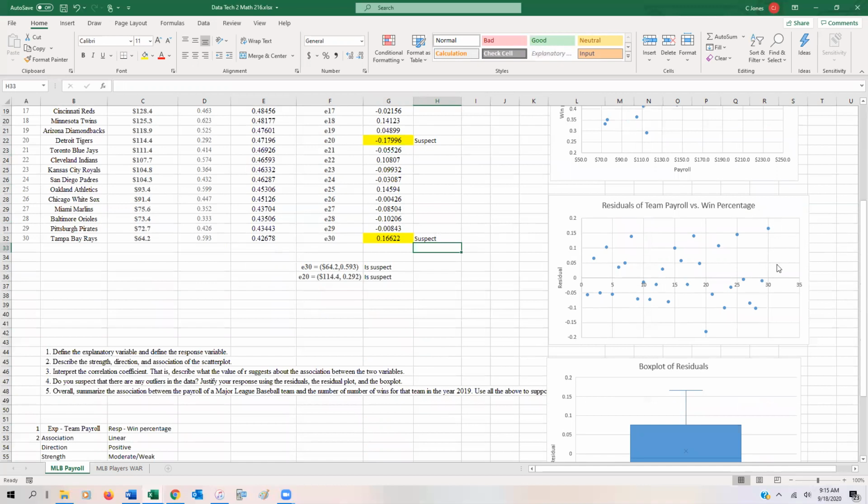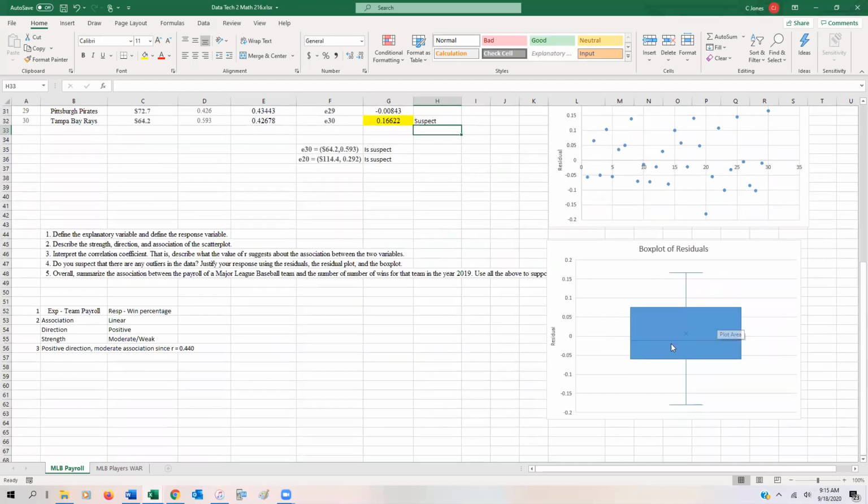But if we look at the residual plot, not necessarily all that much further than some of the other ones consistently. So there's 3 right here. This is the only one that really looks like it's suspect because it's so far away from all the other negatives. However, we look at the box plot, and the box plot suggests that there are no outliers, because there's no dots, if you remember in the previous video. So for number 4, we do have these suspect variables.